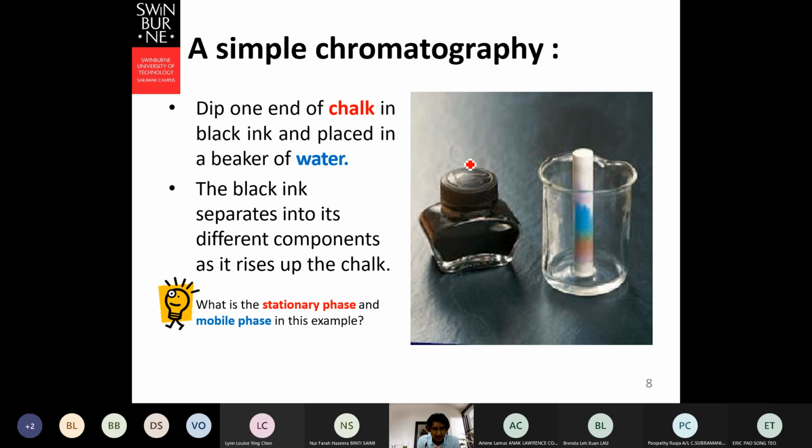So these chalks, if we dip them in black ink, maybe it looks like it is from ancient times, but we ourselves used this type of fountain pen, and some of you still use the fountain pen.